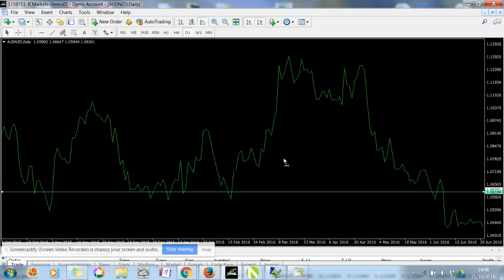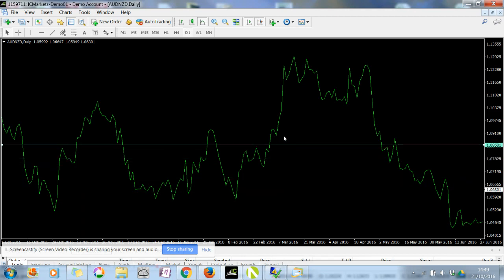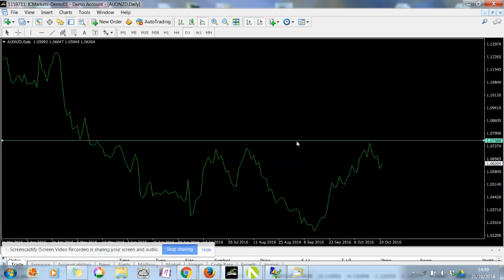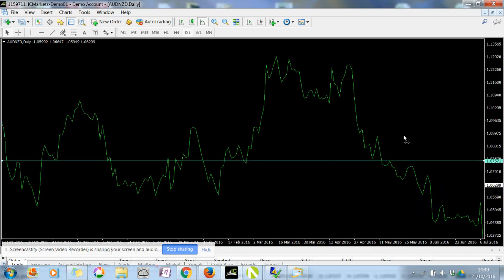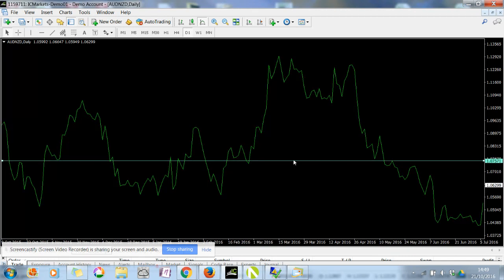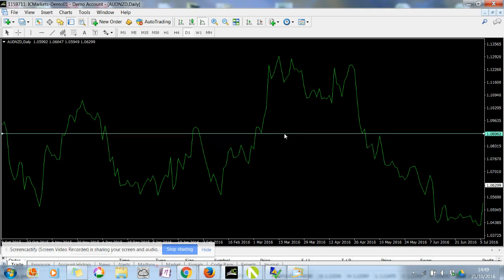Let me see if I can find some other one. This one here, that's a good area to look for, to put a pullback in. So I put your line in, gone a few days.